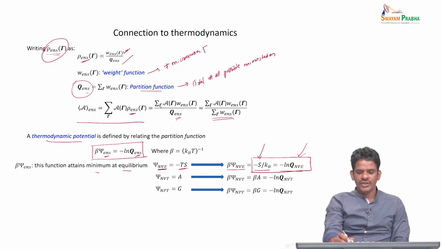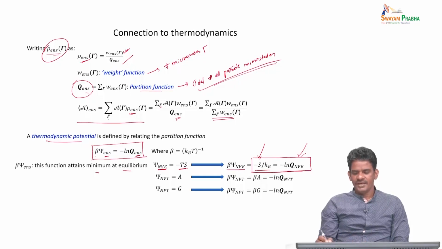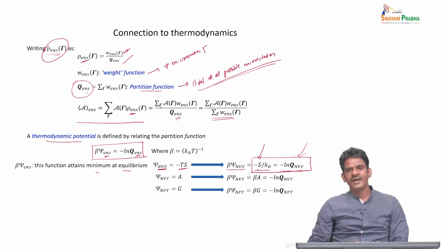So like I said, Q refers to all possible microstates, and when you take the ln of that number of microstates, that's what entropy is all about. Many times students find it difficult to understand what entropy is, so we often say degree of disorder, loss of information, and so on.